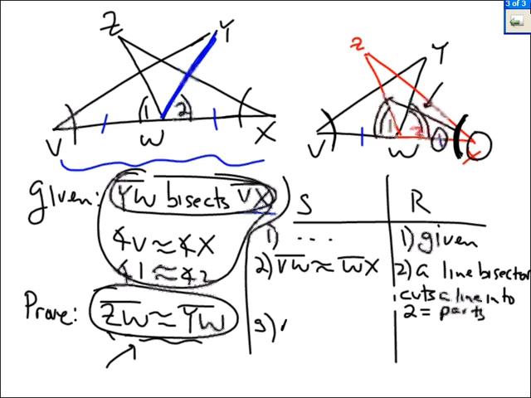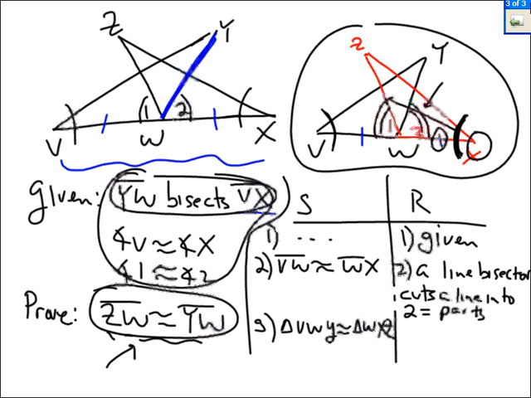I now can say that triangle VWY corresponds to triangle WXZ, the red triangle. The black triangle is congruent to the red triangle. And the reason is angle, side, angle is congruent to angle, side, angle.